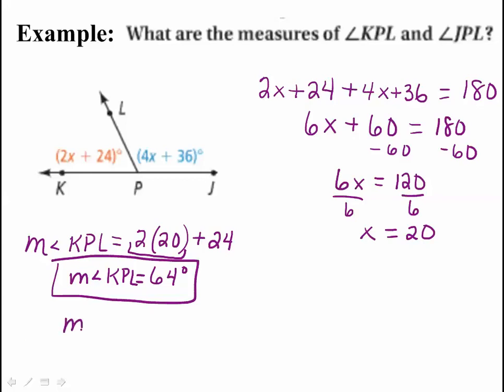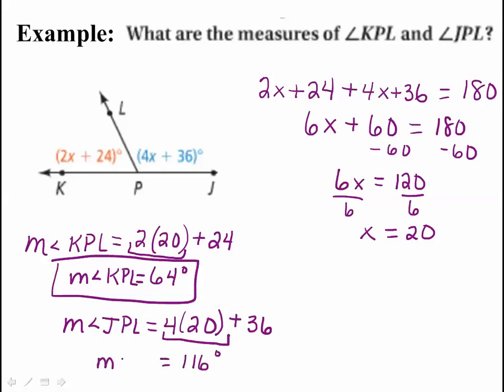The measure of angle JPL is 4 times the x value plus 36. So 4 times 20 plus 36 is 80 plus 36, which is 116 degrees. The measure of angle JPL is 116 degrees.